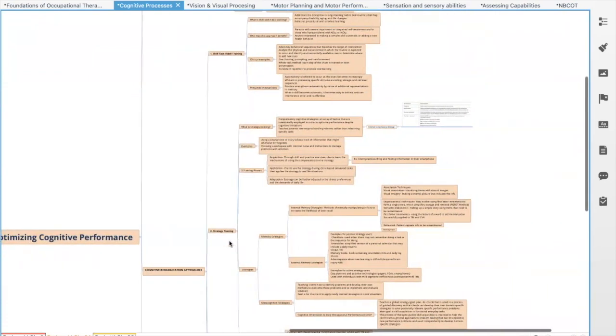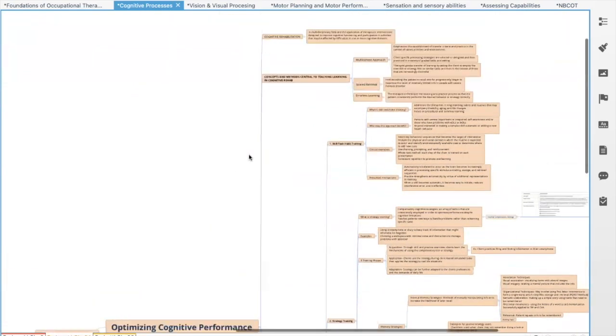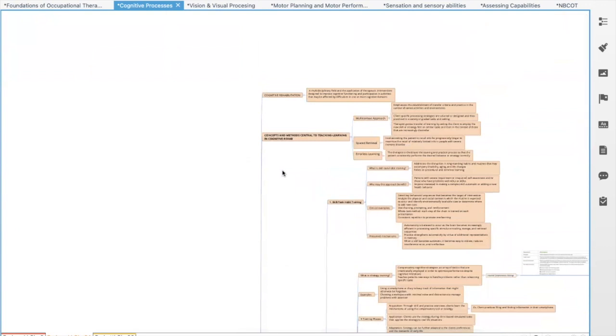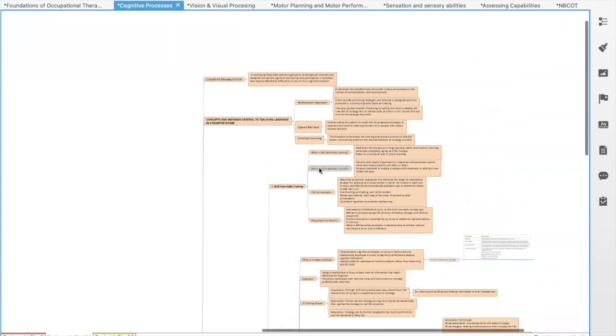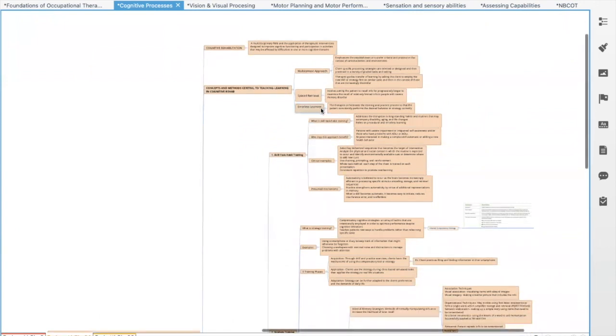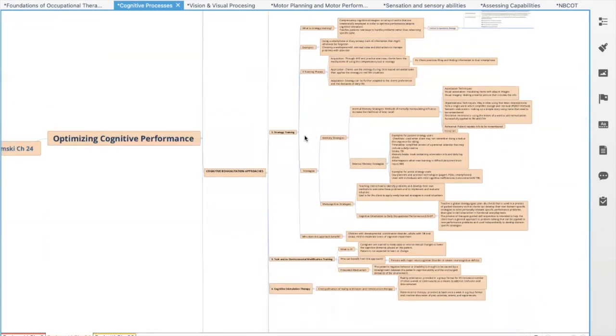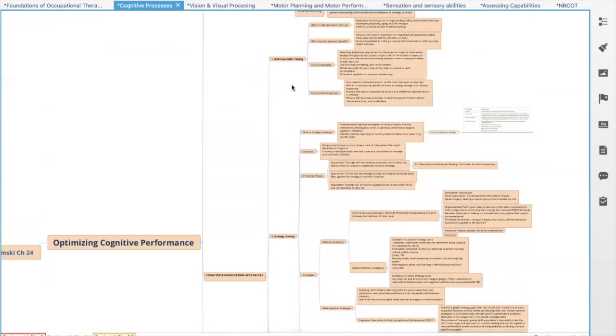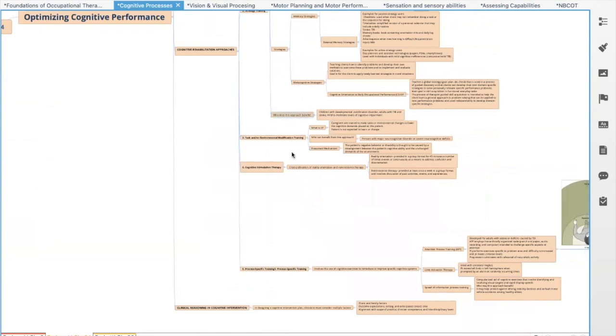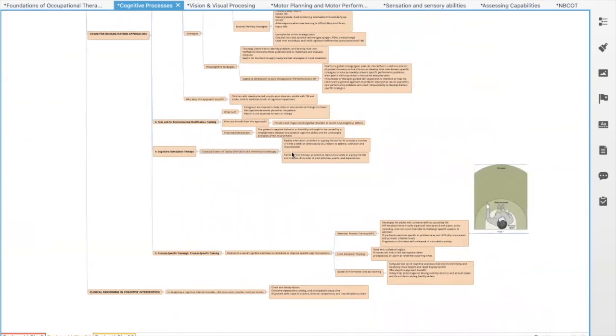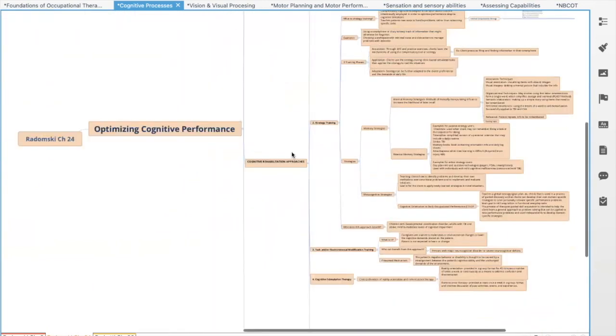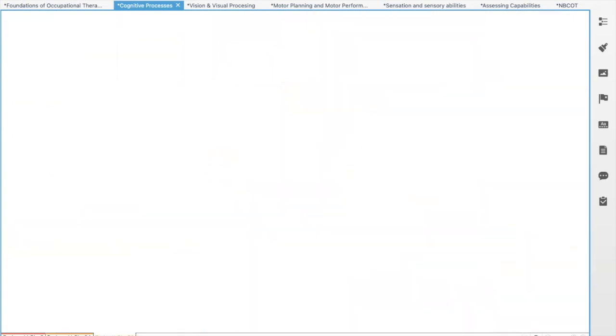And this concept map focuses on cognitive performance. So we have some central concepts that we use in OT, like multi-context approach, spaced retrieval, errorless learning, as well as skill tasks and habit training and cognitive stimulation therapy, all approaches that are used in OT.